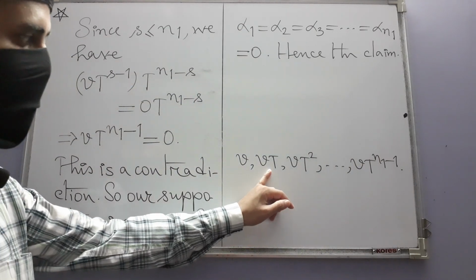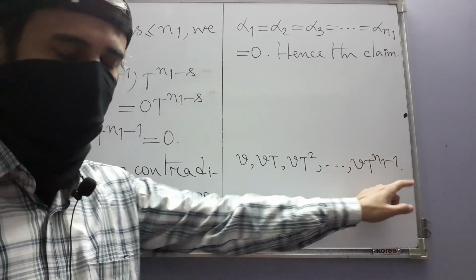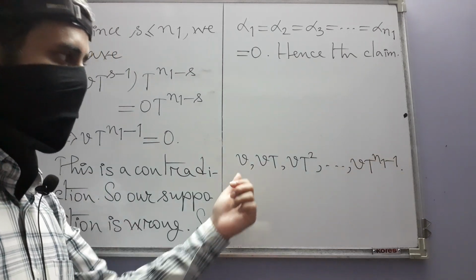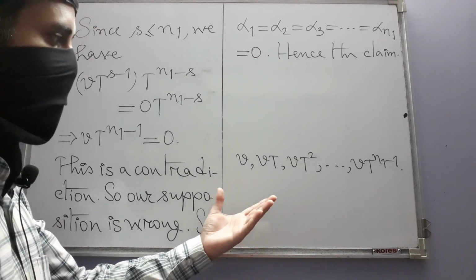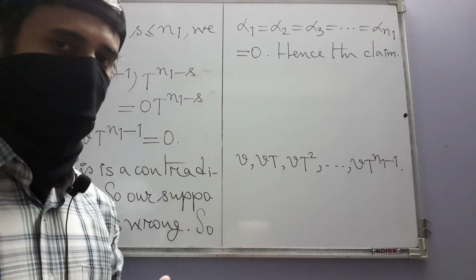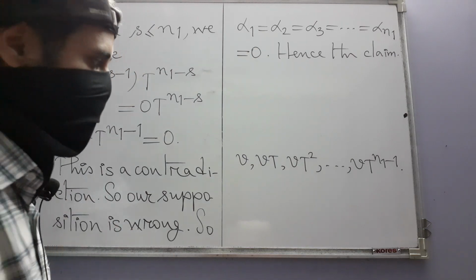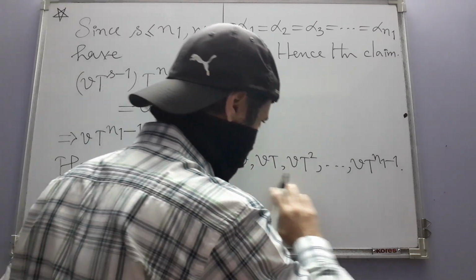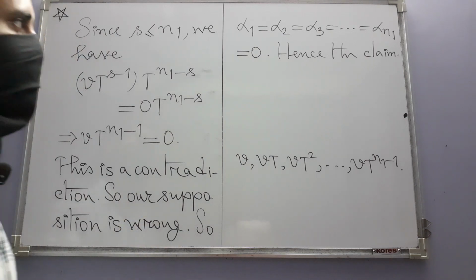If you start counting from the second one, you get n1 minus 1 vectors. And then you count this one also, so you have n1 linearly independent vectors. So they are going to span a subspace of dimension n1. Okay, because this will be basis vectors for that subspace.